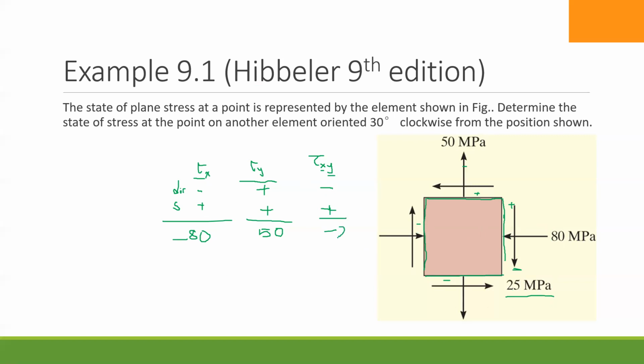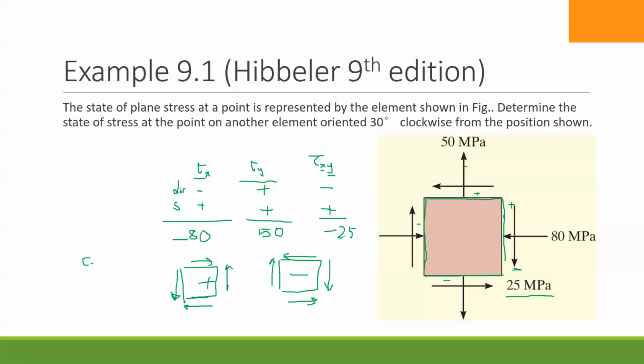If you need it, I have a shortcut to help you. You don't need to memorize. This direction for the shear stress we call positive, and this side is negative. If you are confused, you can use the shortcut like this.